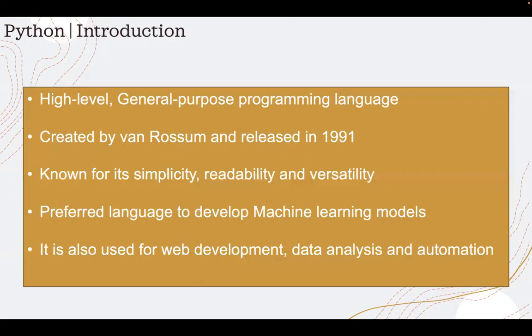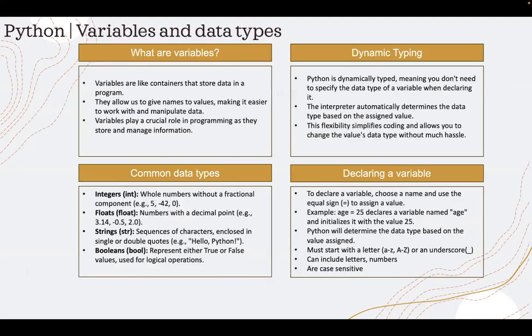So variables and data types, let me go there. The variables are nothing but, think about them as containers that store the values that you want to use in your program, right? These are areas in the memory that are allocated to store the values.